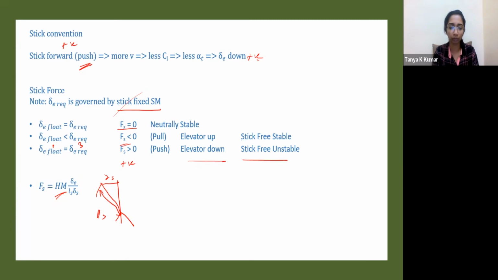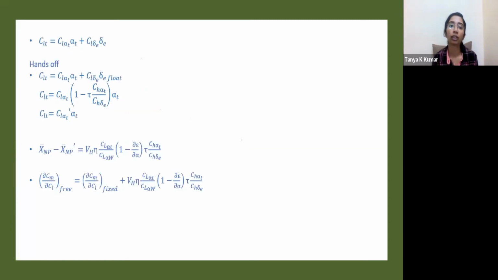Now we see the differences between the stick free and stick fixed case. The only difference in fact comes from the CL tail. So what is the equation for CL tail? Again, assuming linear variation, it varies linearly with alpha tail and delta E. Now, if it's the stick free case, this delta E would be delta E float. Substituting delta E float here gives us the final value.